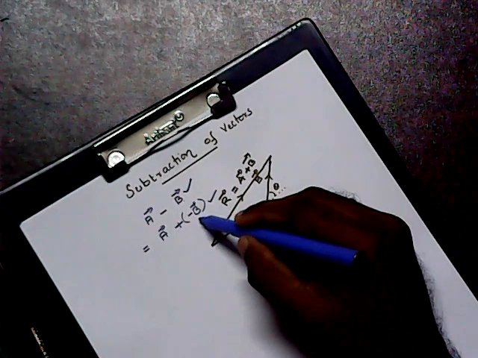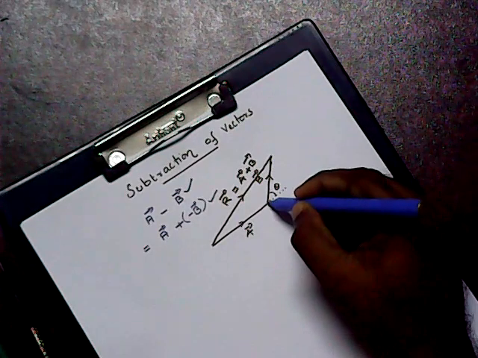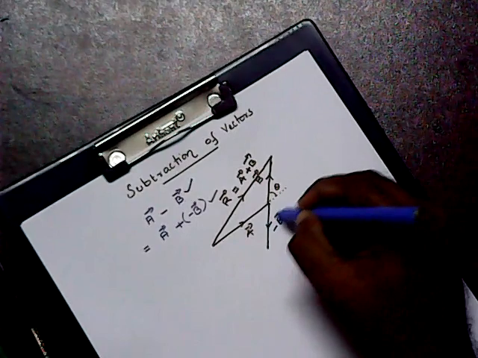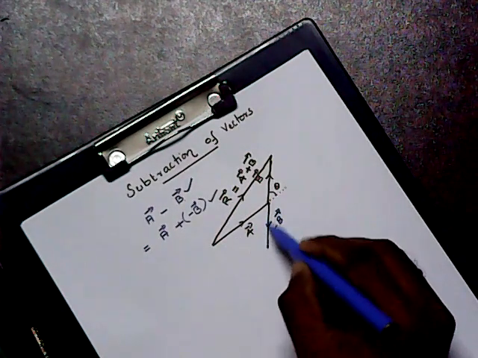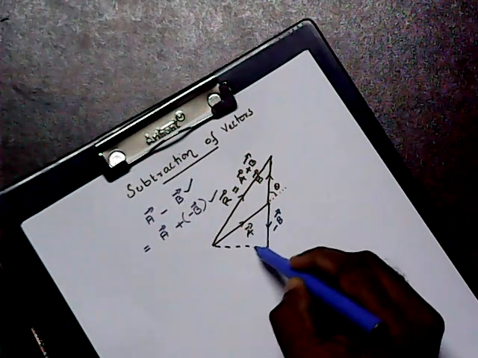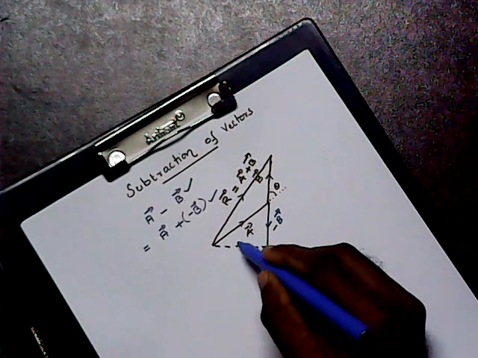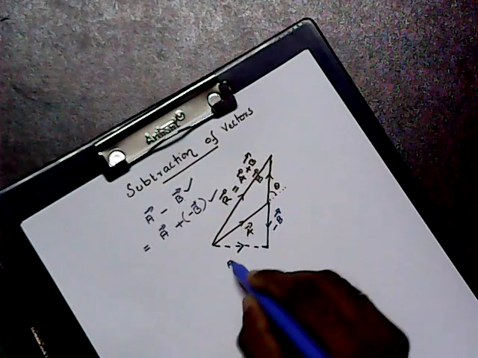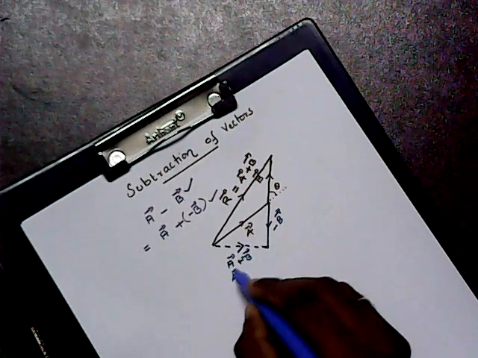So at first we take the reverse of b, that is minus b. Then add it with a. Here a and minus b are in one order, so the resultant is the third side of the completed parallelogram in the reverse order. That is equal to a plus minus b, so that is equal to a minus b.